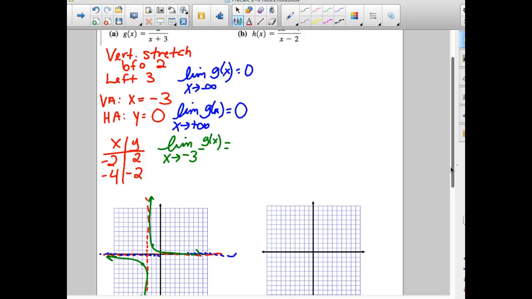As I'm coming towards this vertical asymptote from the left-hand side, my graph is going where? Down towards -infinity.